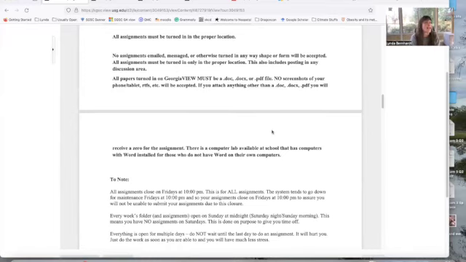If you send me a GDOC, not acceptable. If you send me, I don't know, WPS, not acceptable. Anything other than the 3 file types I mentioned right here, you will just get a 0. That's it. I'm not playing on this one. I'm so tired of people attaching random crap and then telling me, but the other teachers, no. The syllabus tells you this is all that's allowed. There you go.